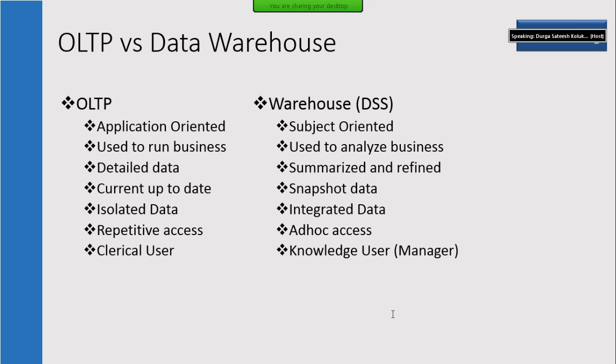OLTP is an isolated one. Every application will have its own database. Whereas with your warehouse, if you want to analyze the data across the applications, you have to integrate the data coming through. It's a repetitive process in OLTP, while the warehouse is an ad hoc process, with clerical users versus knowledge users. So mainly your data warehouse is useful for your managers.